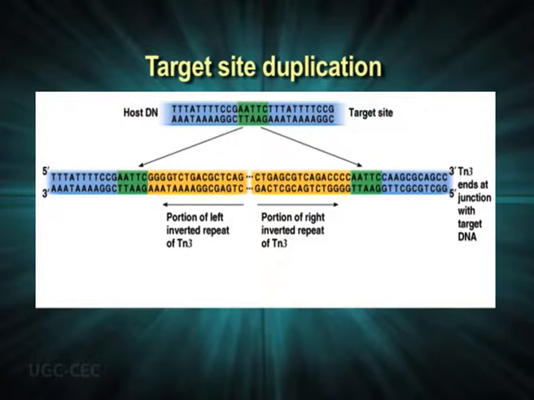Now, I should tell you that both the composite and the simple transposon lead to target site duplication. Sir, what exactly is target site duplication? Yes, very good question. If you look at this picture, let's say this small part is the stretch of DNA which is present in the target DNA.